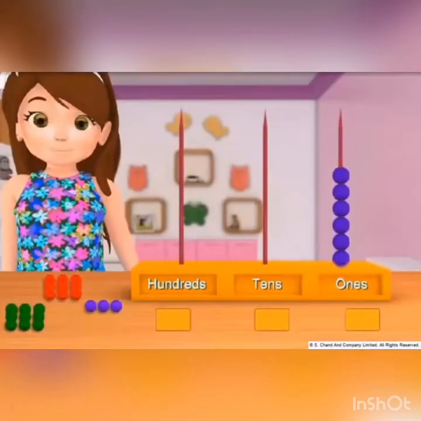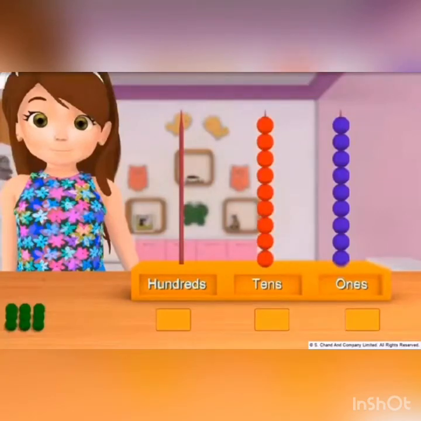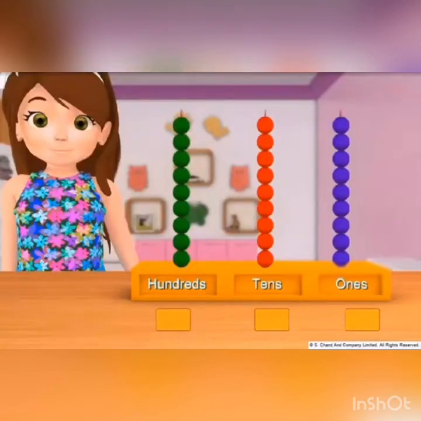Now look at this abacus carefully. Which number does it show? Here we see 9 beads, each at the ones, tens and hundreds places. So, it shows the number 999.